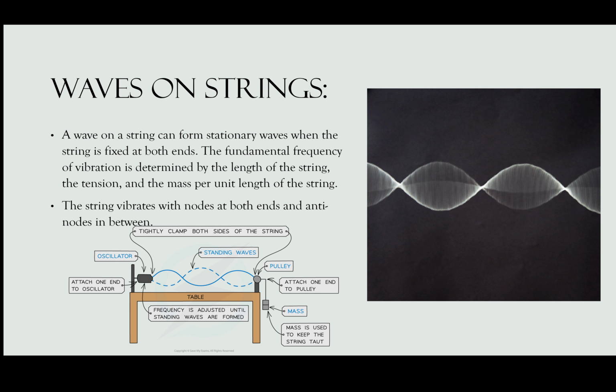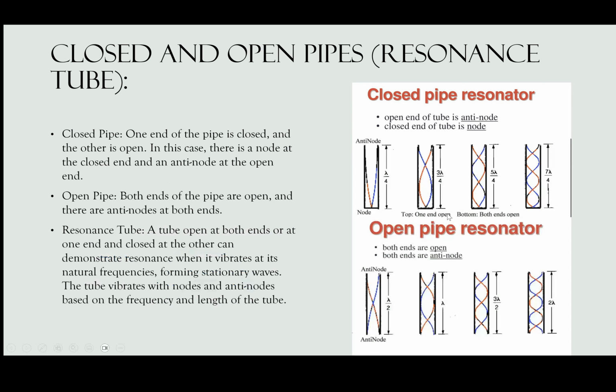We also have resonance waves in open and closed pipes, right? So we have these standing waves in these pipes. On the top we have closed pipes, where one end of the pipe is closed and the other end is open.